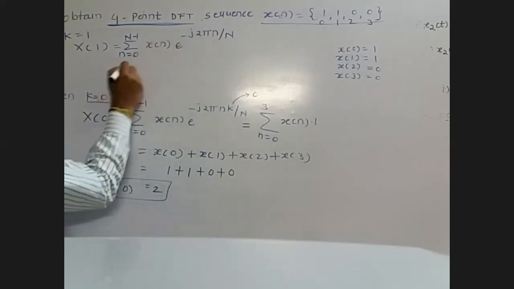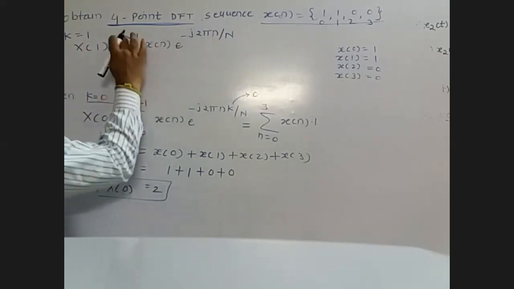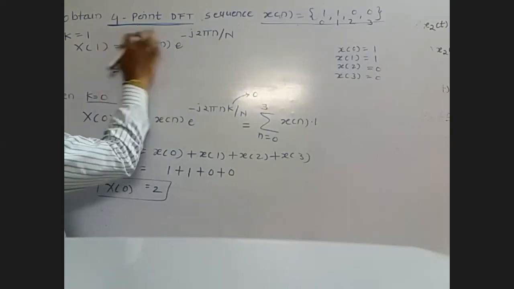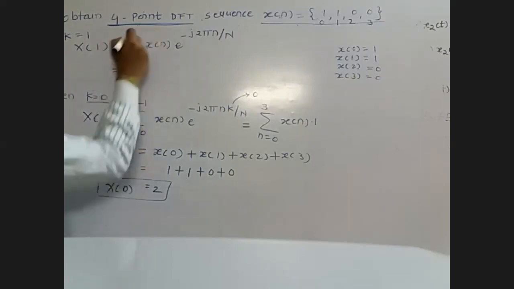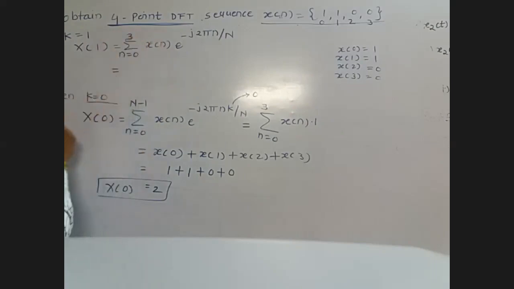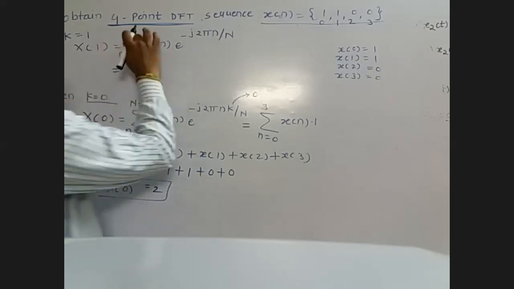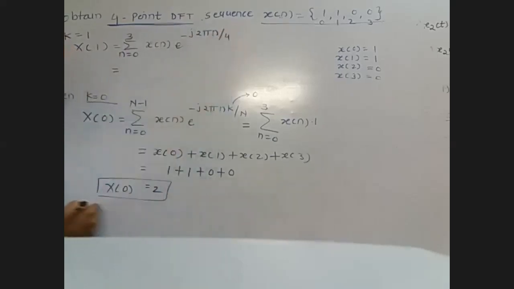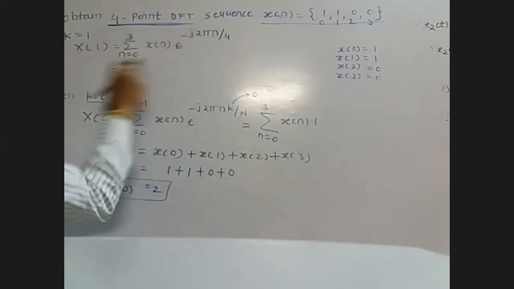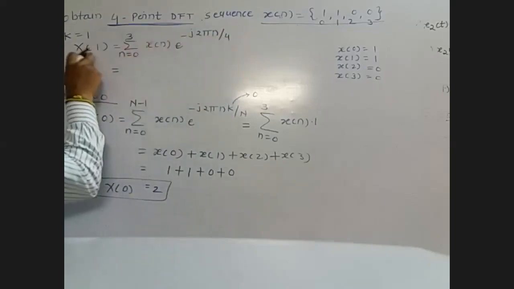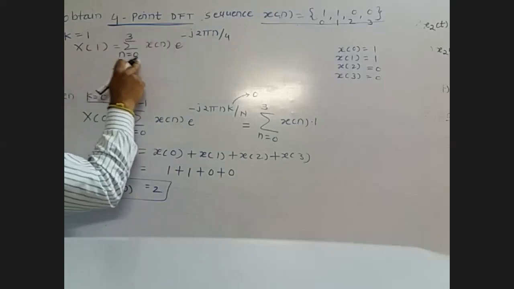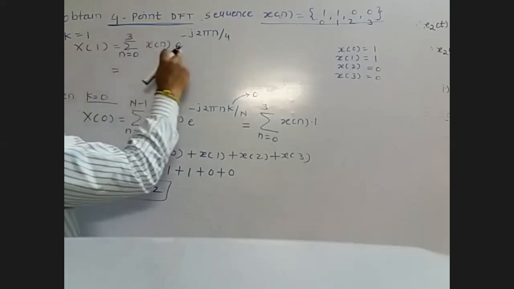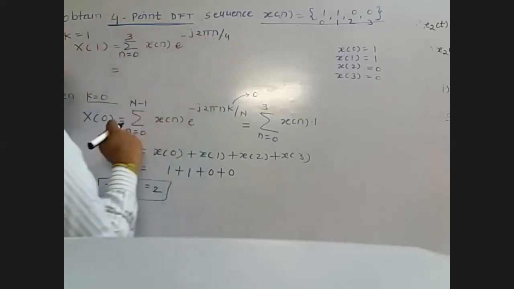Now I am solving it. I am putting the value of N: N is 4, so 4 minus 1 is 3, and here it is also 4. This is the final expression: x of 1 is equal to summation of n equal to 0 to 3, x of n e raised to minus j 2 pi n by 4.